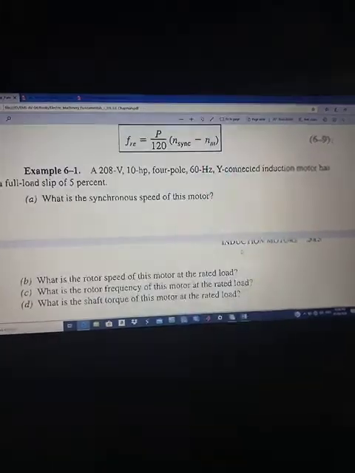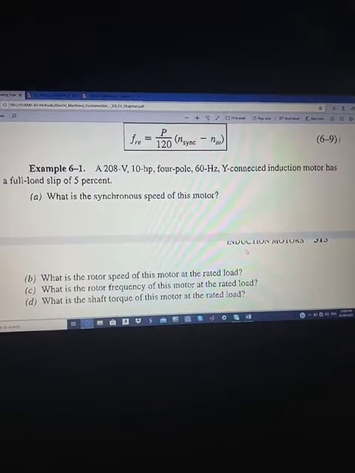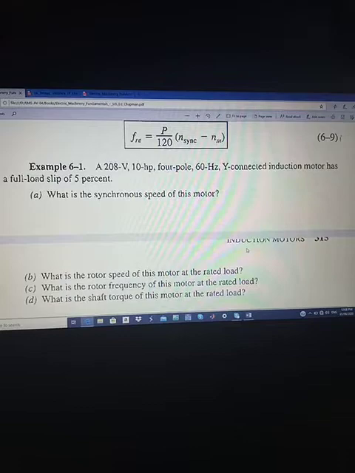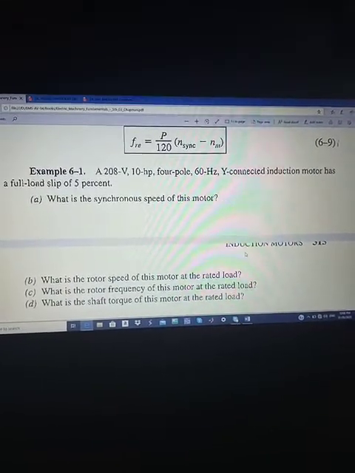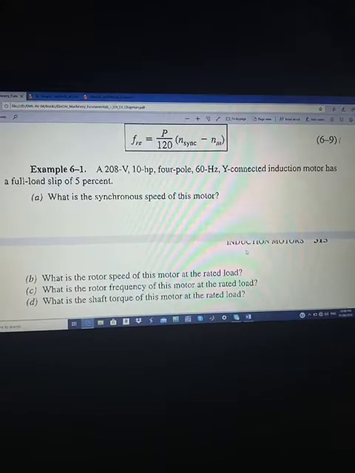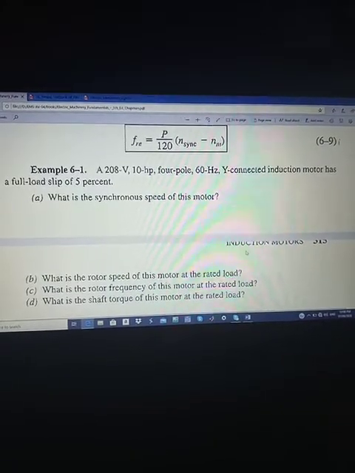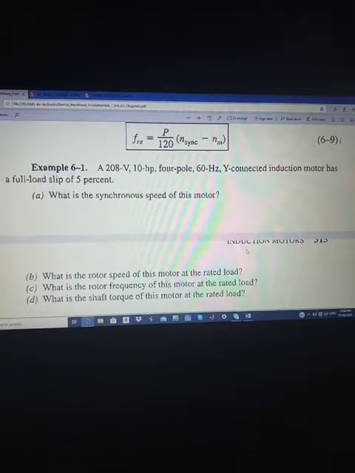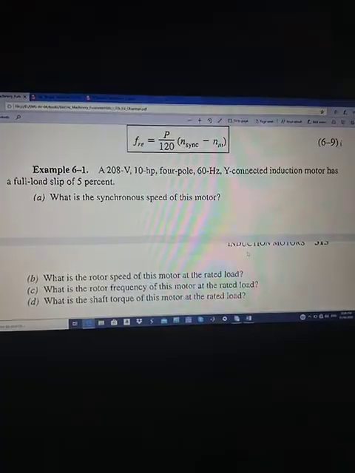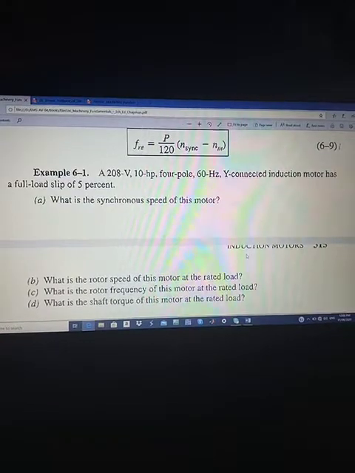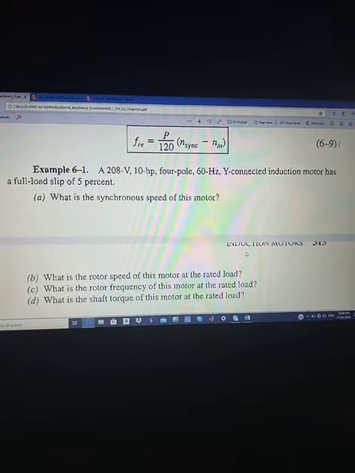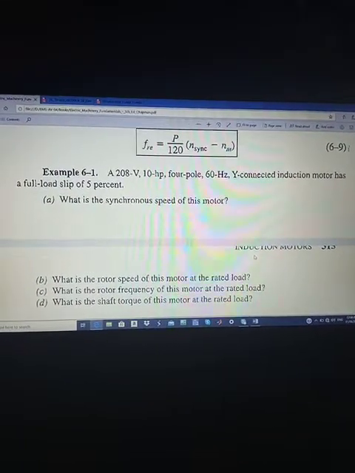We have to find the synchronous speed of this motor, the rotor speed of this motor at the rated load, and in the third part the rotor frequency of this motor at the rated load. In the next part we have to find the shaft torque.